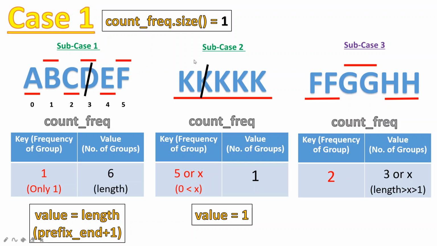But subcase 2 is the lower extreme of the case possible, where all the elements form one single group. So subcase 1 has the maximum number of groups, subcase 2 has the minimum number of groups, and subcase 3 is basically in the middle of these two conditions. So it will have either groups having three frequencies, groups having four frequencies, but the number of groups will be lying in between these two subcases.